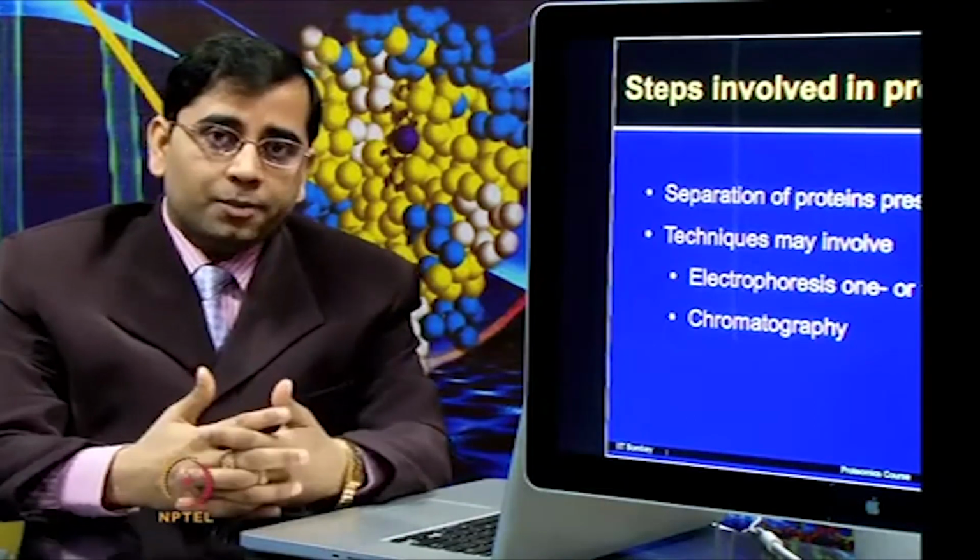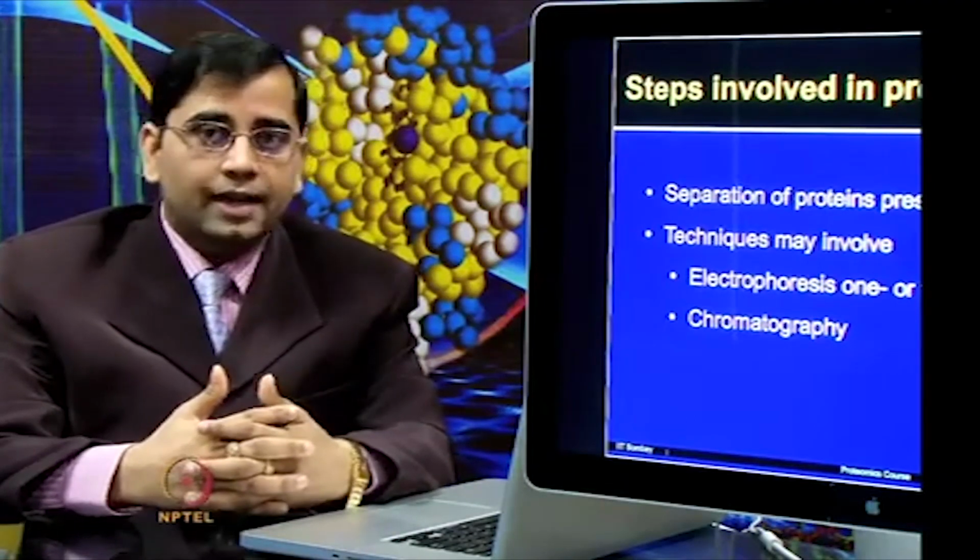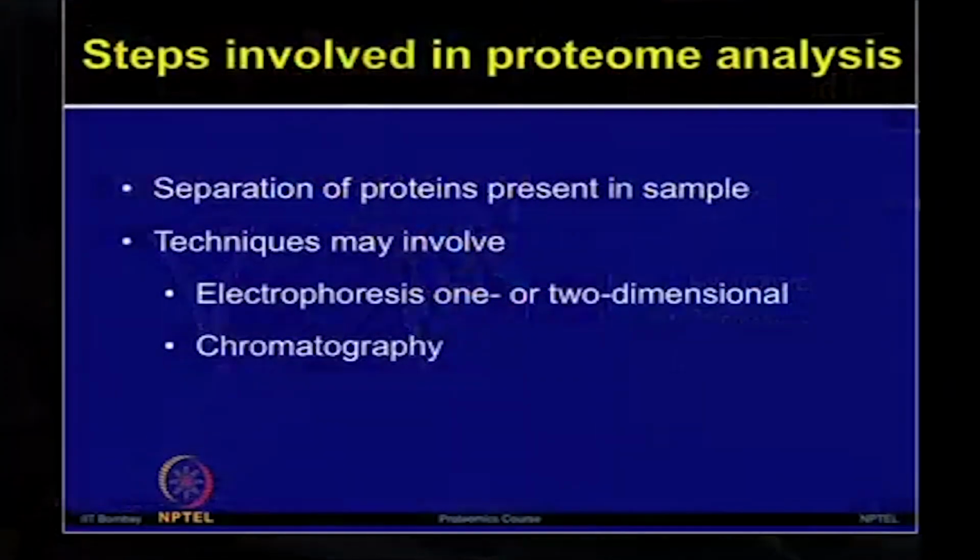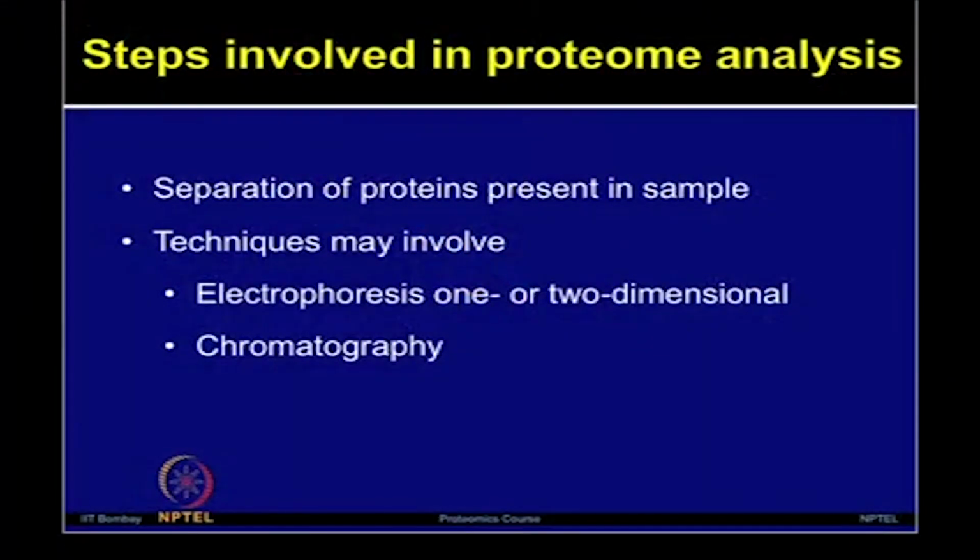So there are different steps which are involved in analysis of the proteome. As I talked about in the previous lecture, first of all, it's very important to separate the proteins which are present in the sample. Once you have a very good protein preparation made, the next thing is to separate the proteins by involving different techniques.